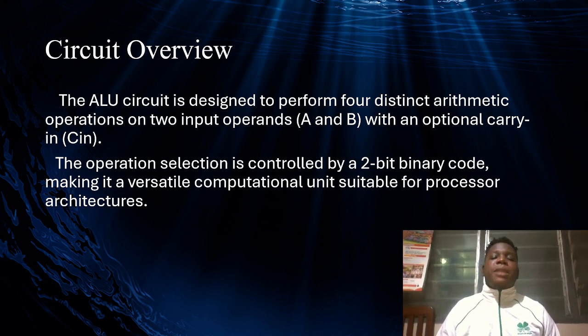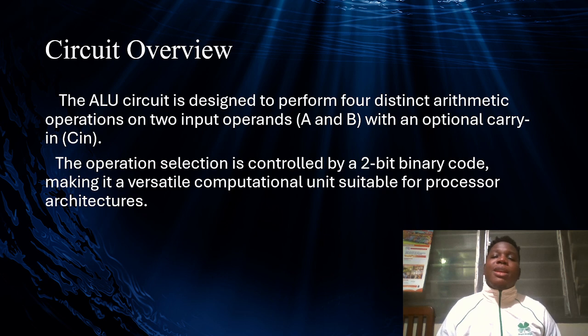So the arithmetic logic unit, or the ALU circuit, is designed to perform four distinct arithmetic operations on two input operands, A and B, with an optional carry in or the C in. The operation selection is controlled by a 2-bit binary code, making it a versatile computational unit suitable for processor architectures. Okay, so the ALU is part of the CPU.